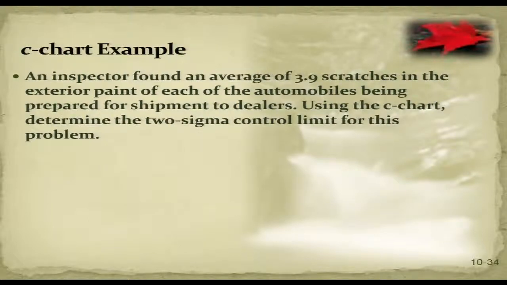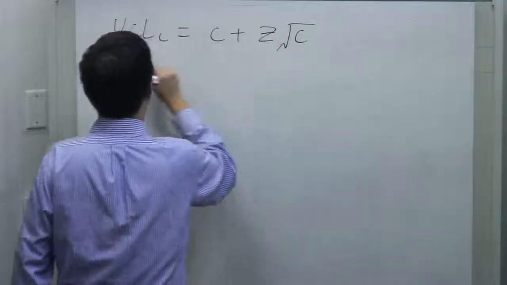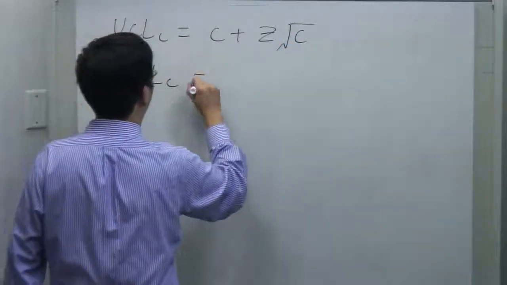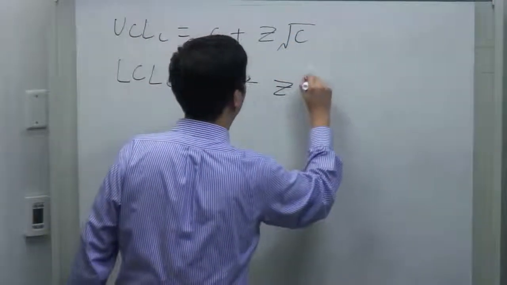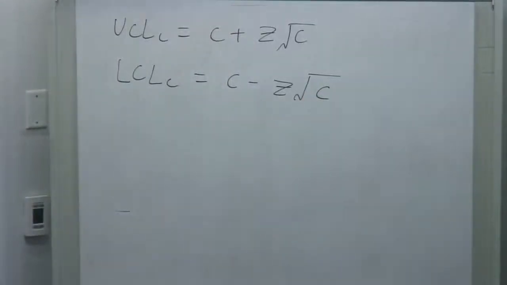Let me write the formula for you in case some students don't have the slides here. So the upper control limit is C plus Z square root of C. The lower control limit is equal to C minus Z square root of C. Alright, so that's the formula to build the control chart.